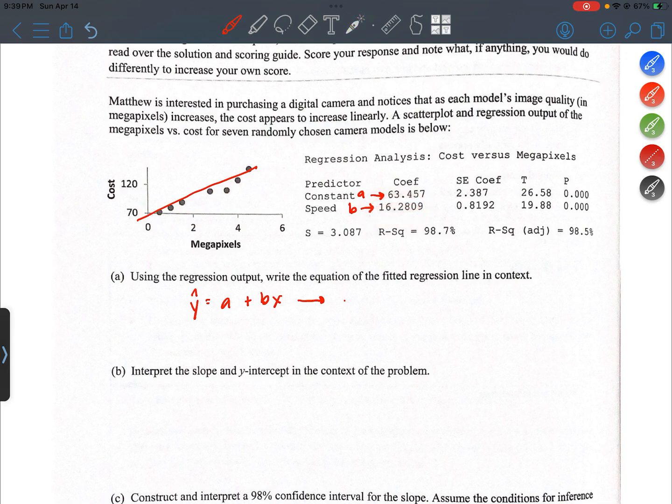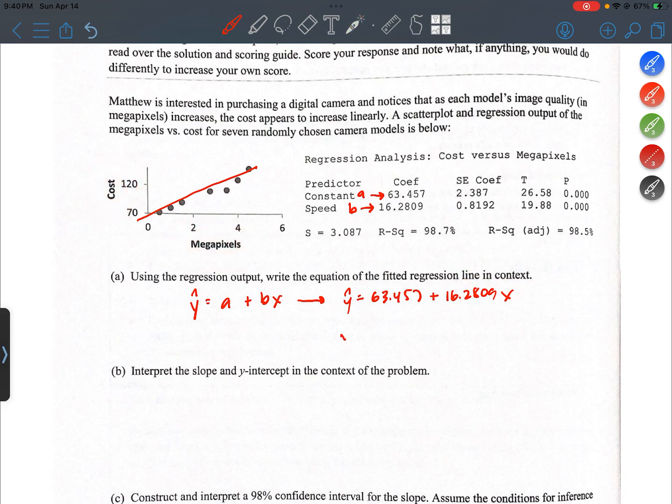Okay, anyways, let's just write y hat equals 63.457 plus 16.2809 times x. However, that is not in context, so we're going to replace the letters x and y with megapixels and cost.